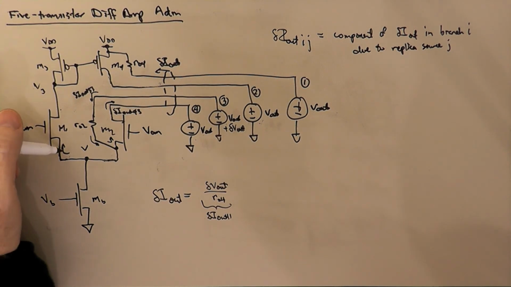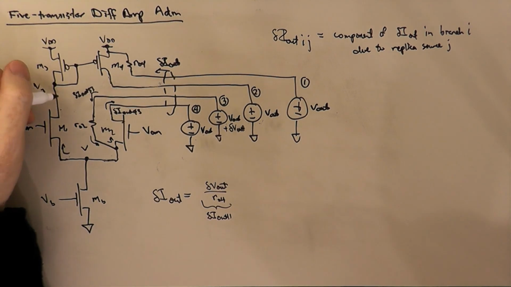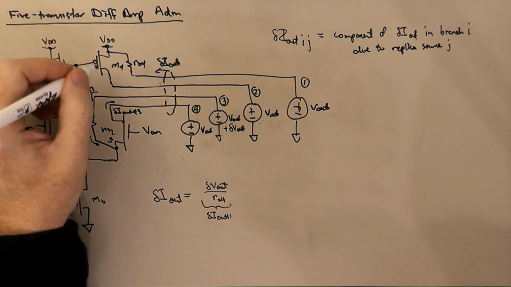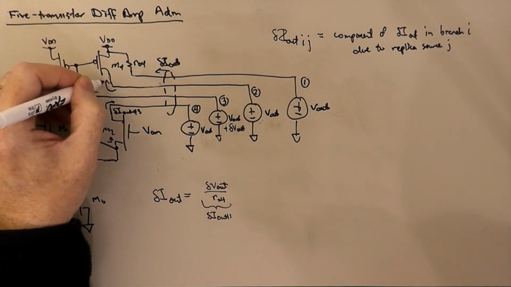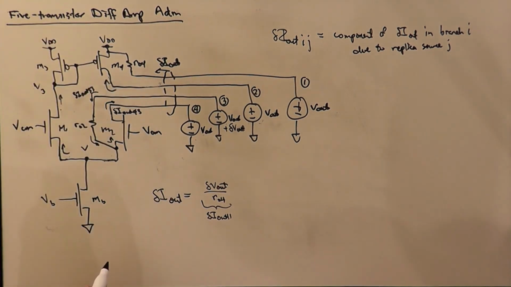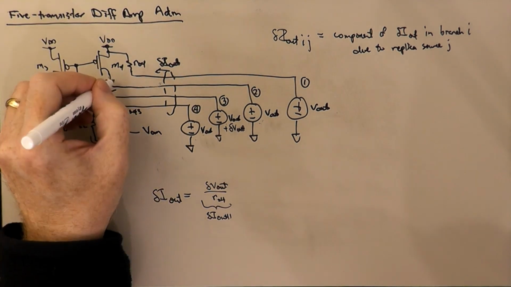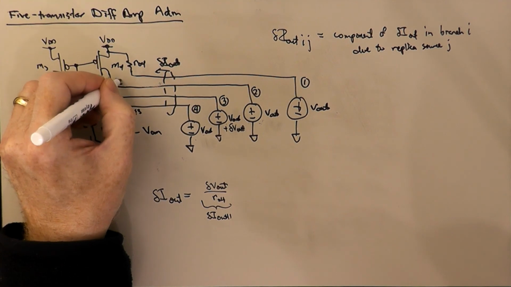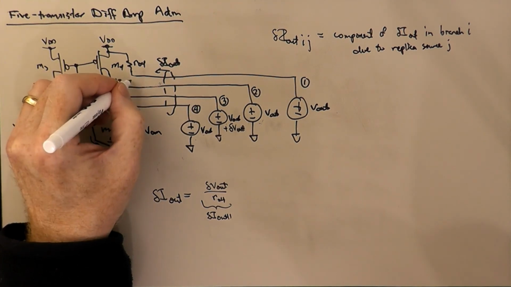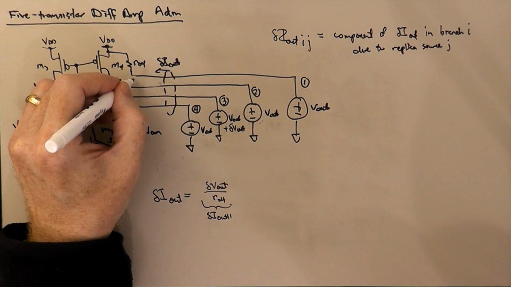And so this current that flows back up the source of M1, where's that going to go? It's going to go out the drain and into this current mirror. Okay? And that current mirror is going to mirror that current increment, and that's going to flow into M4, and so it's going to be a delta I out 2,3.